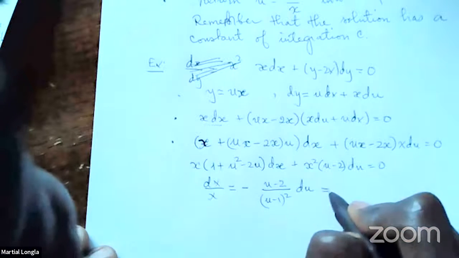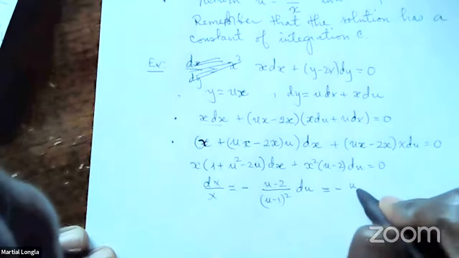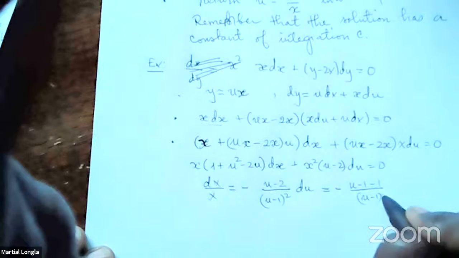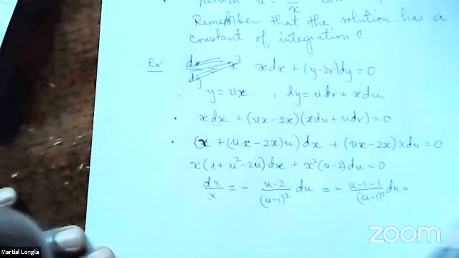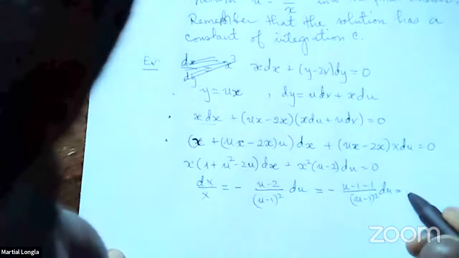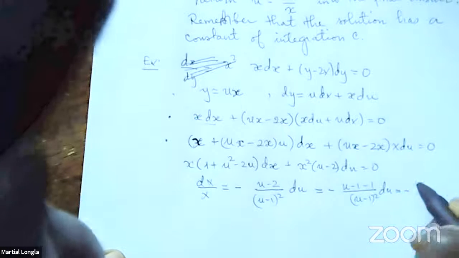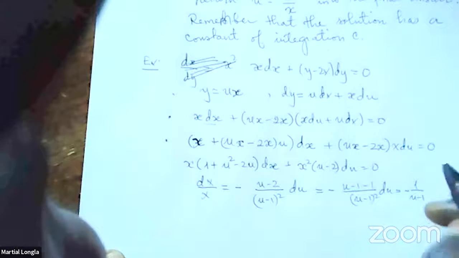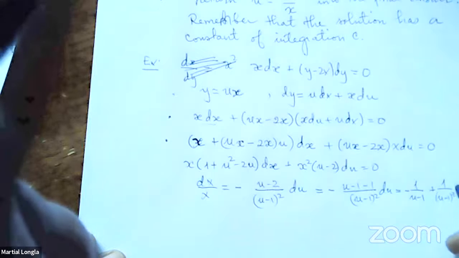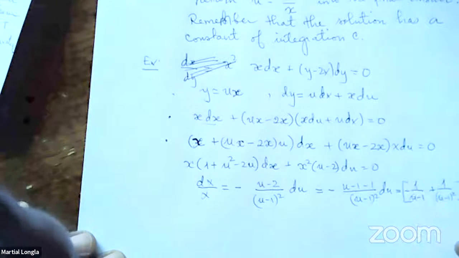And this is equal to minus u minus 1 over u minus 1 squared du, which is minus 1 over u minus 1 plus 1 over u minus 1 squared, all of that times du.